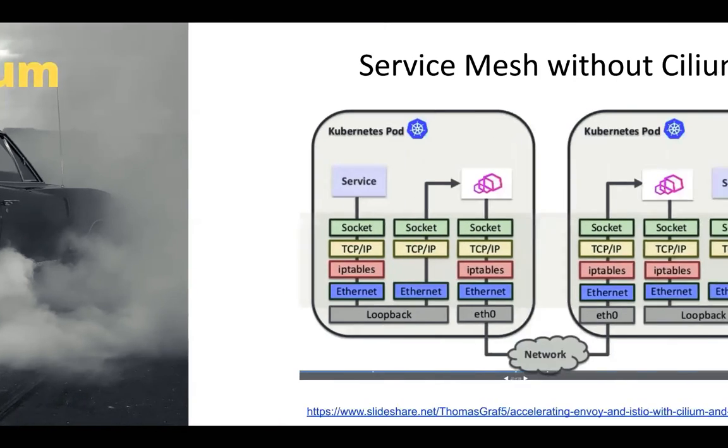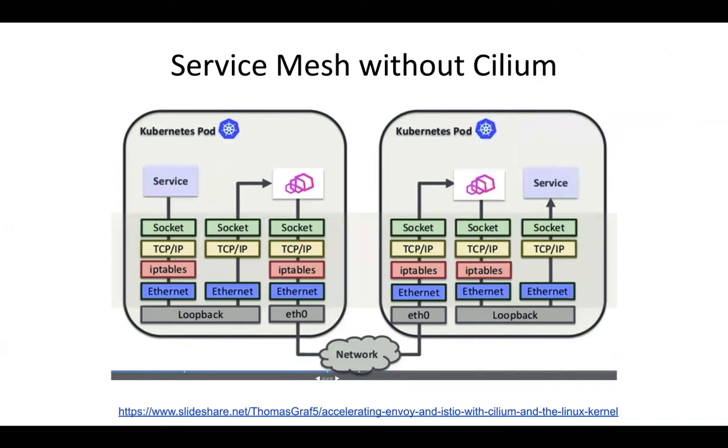So let me just tell you that service mesh without Cilium works like this. You have a microservice, right? In the pod you have some container, and to do this hijacking, that sidecar container from the service mesh applies quite a lot of IP rules to forward the traffic through itself, basically, to hijack the traffic.